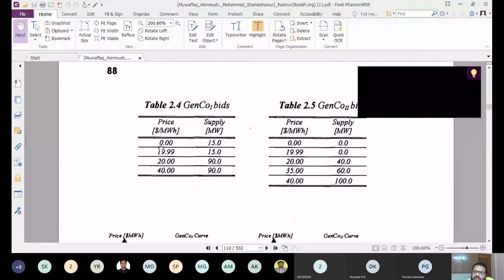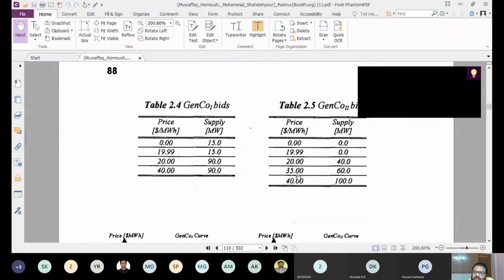So what's the first value? 0, then 19.99, then 20, then 35, then 40, right? For all these values in the table we have values for supply in megawatts for GENCO 1 and GENCO 2.